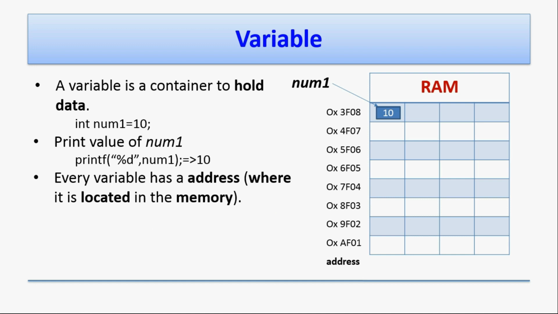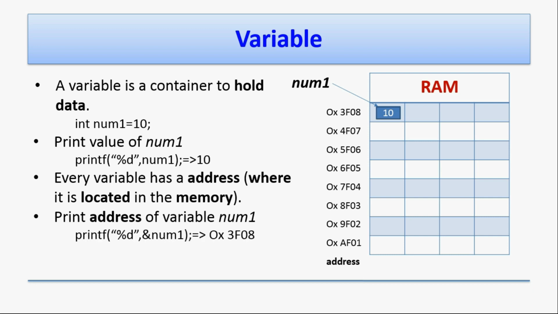But if you want to print the address of the variable, we can use the & symbol before the variable name, then you can print the address of the variable. So this is how we print the address of the variable num1, right?